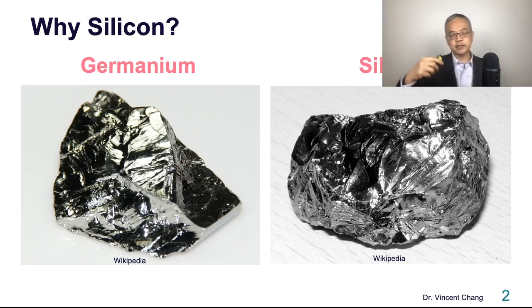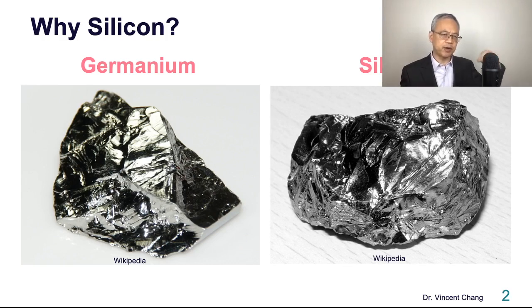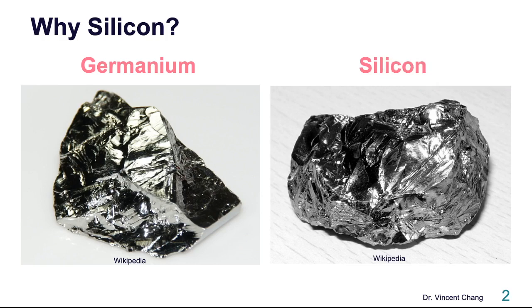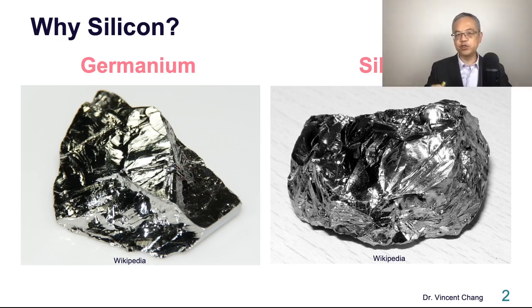So let's start with the intrinsic semiconductor. In the previous lecture, I explained why we chose silicon as the major semiconductor material. This slide shows the comparison between germanium and silicon on your right. Both are column 4 elements on the periodic table.